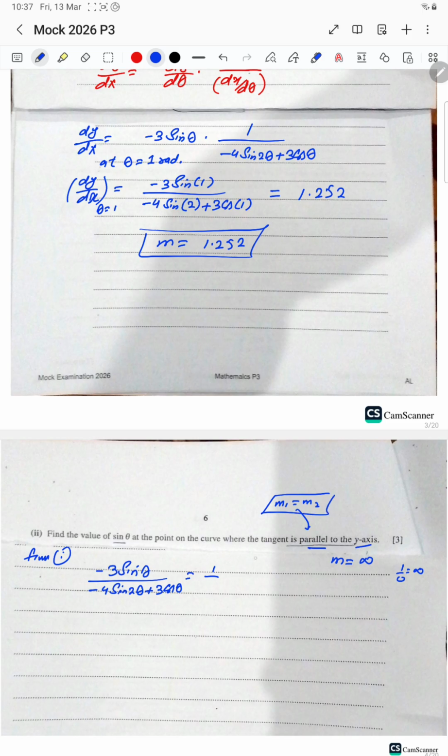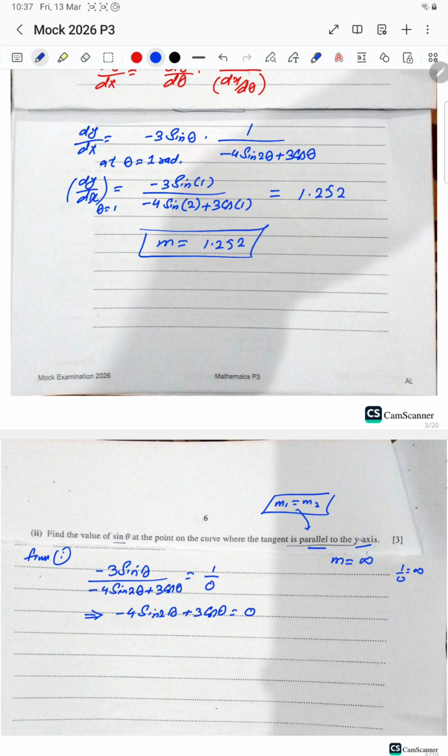So the gradient of the curve and the gradient parallel to the y-axis will be the same. So I can flip the terms, or do the cross multiplication, the same thing. I will get this equal to 0.